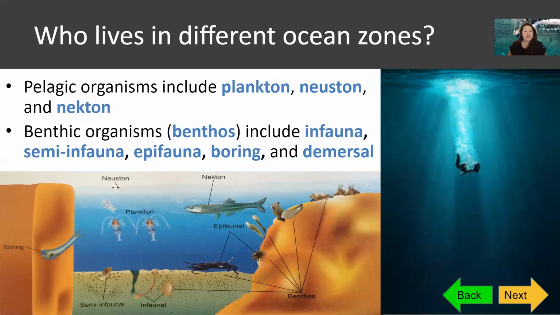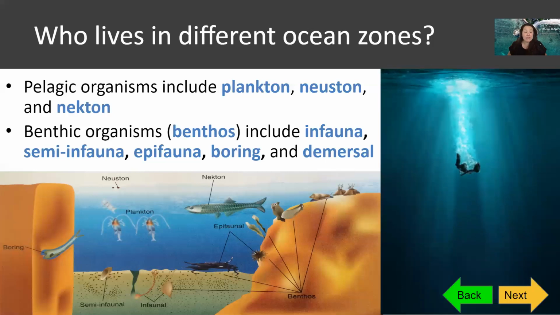Now the benthic organisms, or benthos, is what's collectively known as the animals and plants that are associated with the seafloor. These include infaunal or semi-infaunal, which on the diagram you can see are the organisms that are slightly buried beneath the sediment or the sand. These include clams and other organisms.